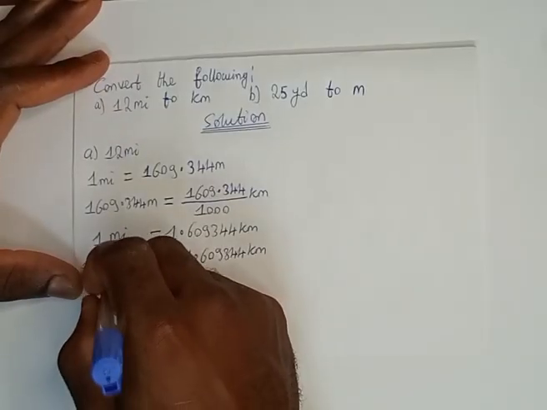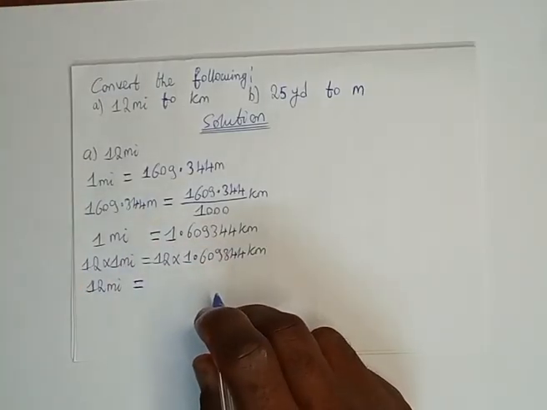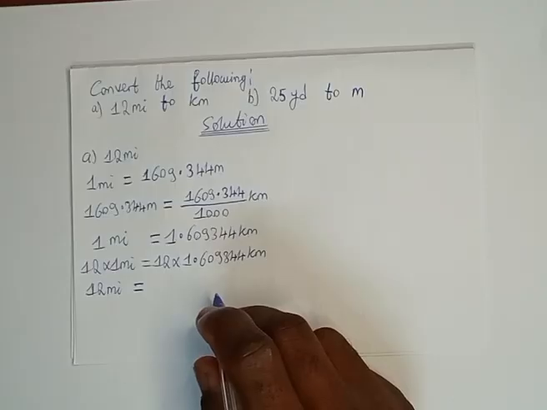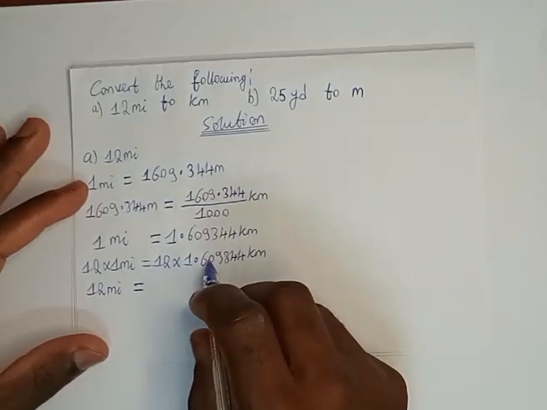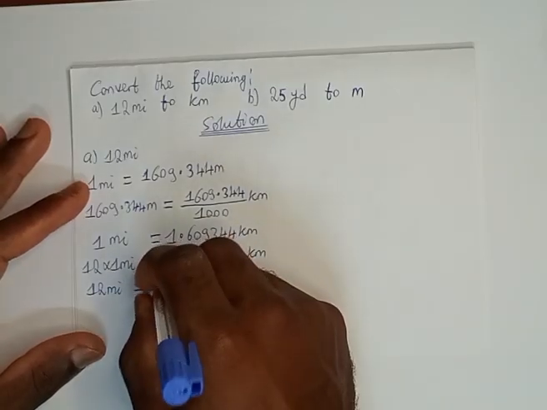This will give us 12 miles to be equal to, we take 12 times 1.609344.